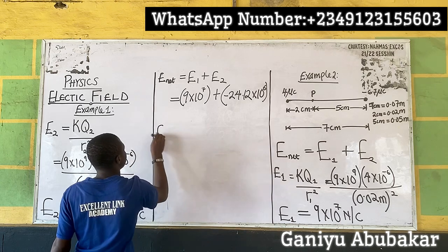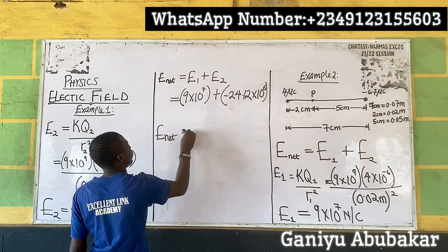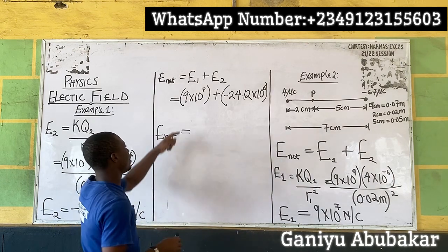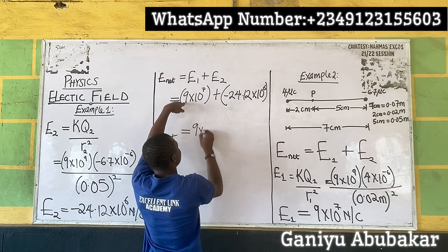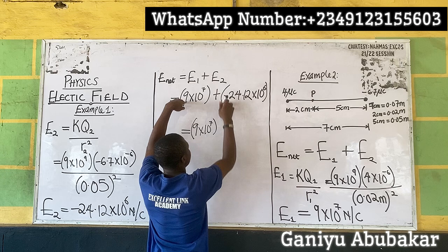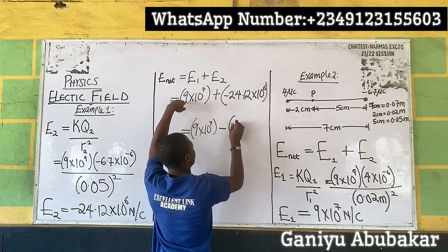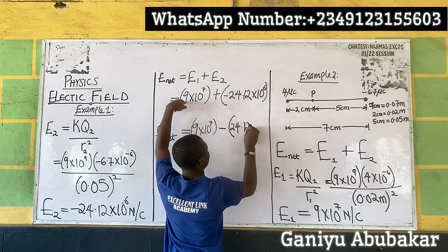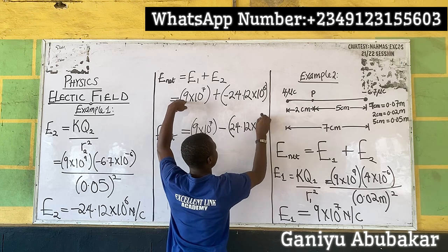So the E net will be equal to 9 times 10 to the power 7, plus negative 24.12 times 10 to the power 6.